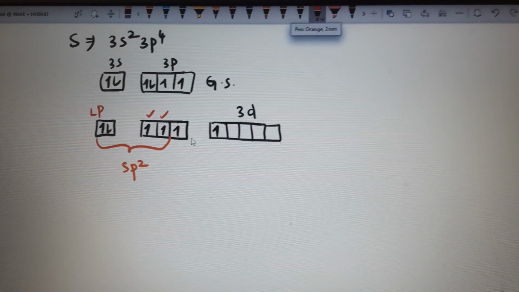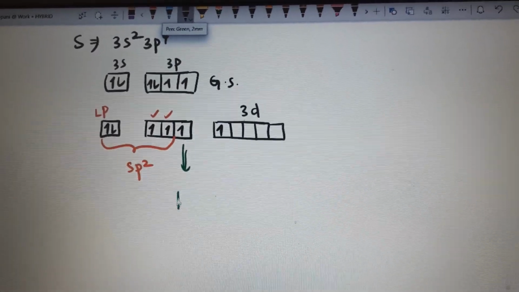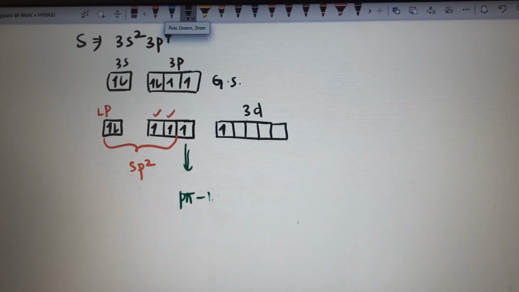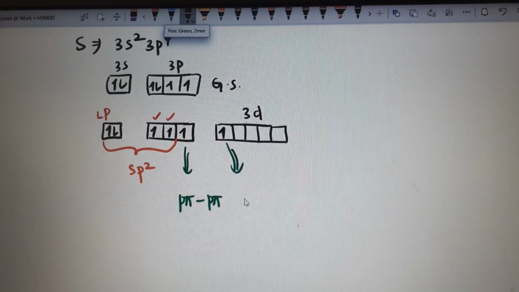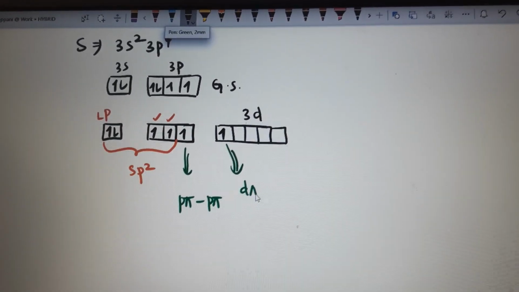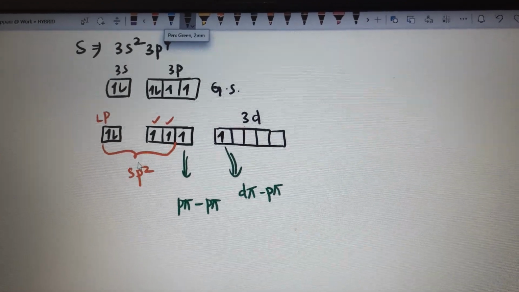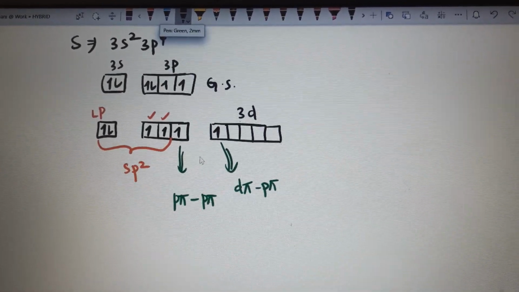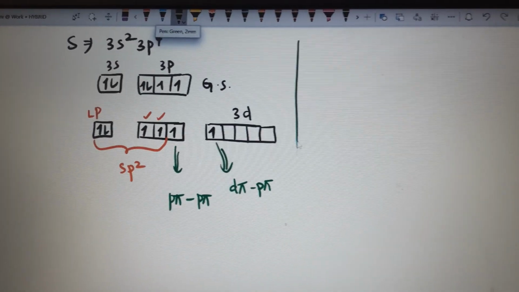Then this p orbital forms a pπ bond with oxygen's p orbital, and this d orbital forms a dπ-pπ bond. Hybrid orbitals can form sigma bonds, so the remaining are pi bonds: one pπ and one dπ-pπ.